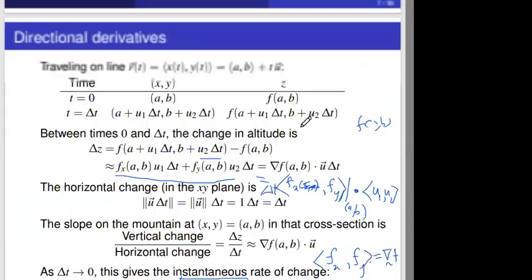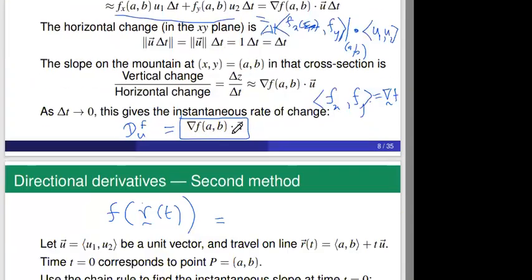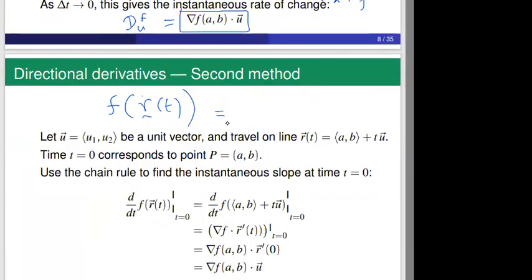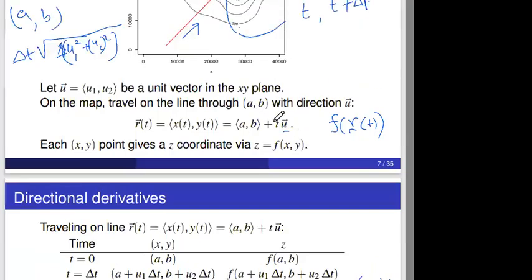It is equal to f of that point, with x component a plus u1 delta t and y component b plus u2 delta t. And this is the x component, let's say, so this is t.